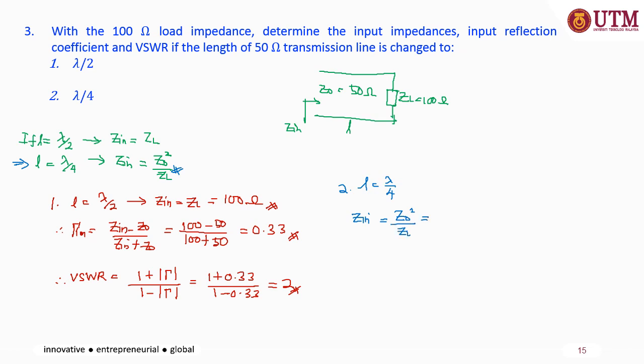So Z0 squared is 50 squared divided by ZL is 100. So it is equal to 25 ohm.